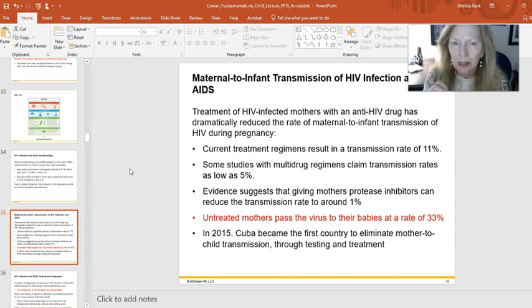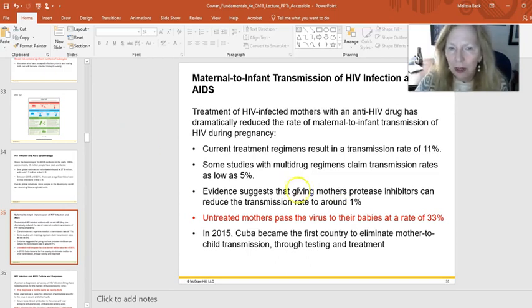So since it doesn't live very long on inanimate surfaces, we don't have to worry about that as much as we do hepatitis B. But all health professionals treat everybody they encounter with universal precautions, so being very, very careful with that.